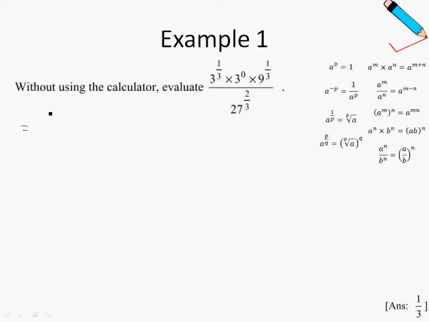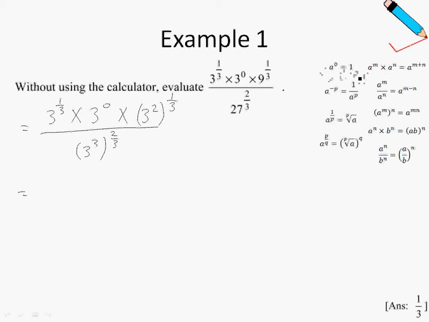So 3 to the power of 1/3 times 3 to the power of 0, times 9, which is 3 squared, to the power of 1/3, and 27 is actually 3 to the power of 3, to the power of 2/3.